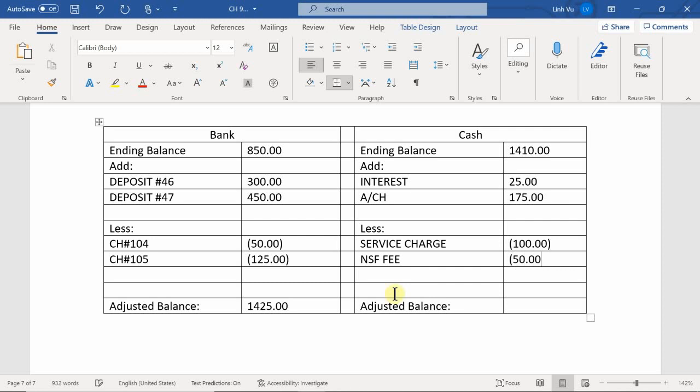And then I have a return check fee for $35. So in this case, what is going to be my adjusted balance here? $1,425. And do we match on the bank versus the cash on both sides?